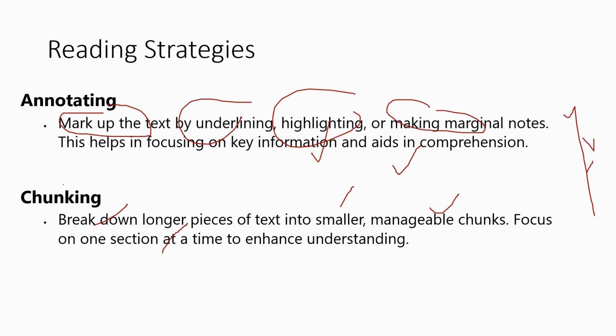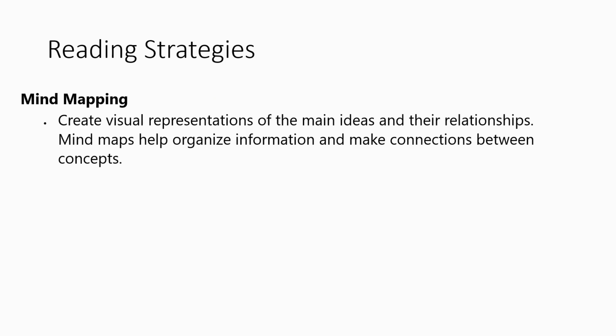You start with the introduction, read the first line of each paragraph, read some particular paragraph, and go to the end and read the conclusion. So you take different chunks and try to understand the meaning of the text. This is called chunking.